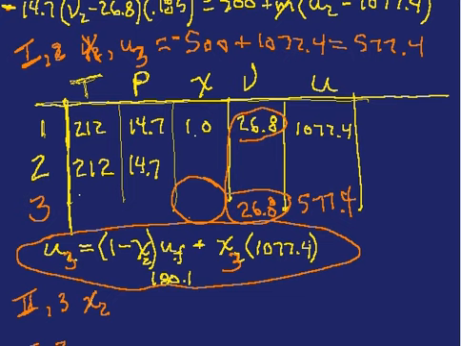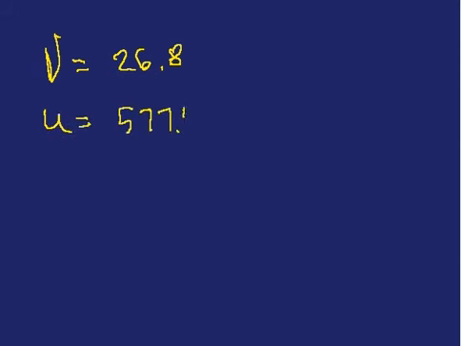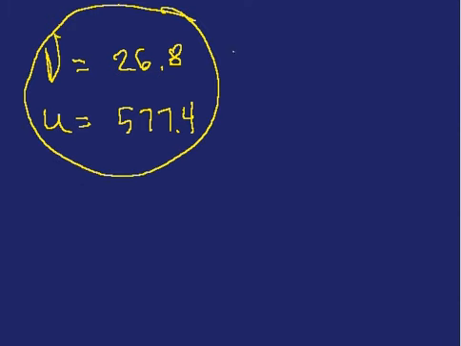So this becomes a trial and error problem, and let me mark it out below. The problem becomes one of knowing two properties, find the third. We have V equal to 26.8 and U equal to 577.4. Two properties, find the third, and that is actually a fairly difficult problem to solve.